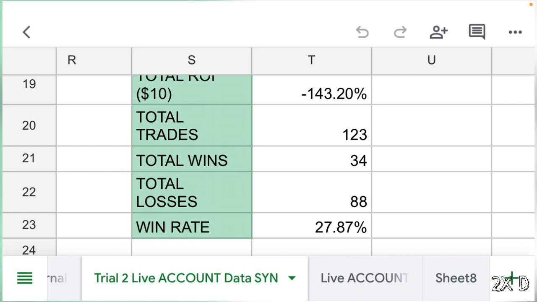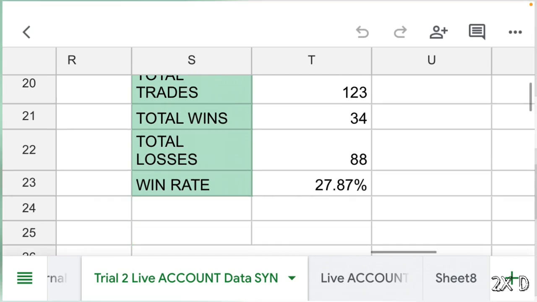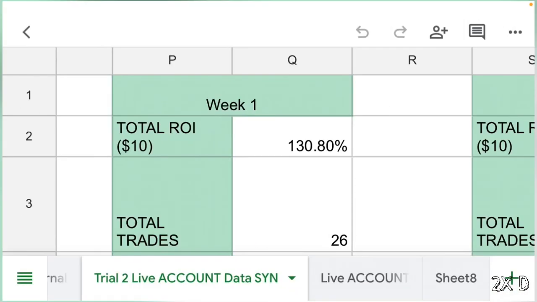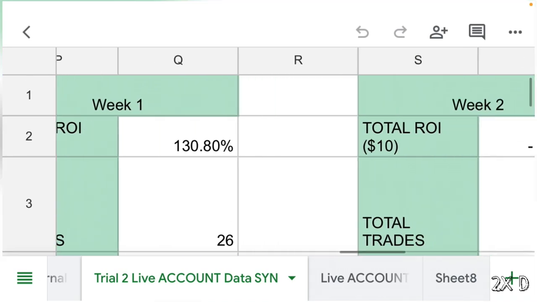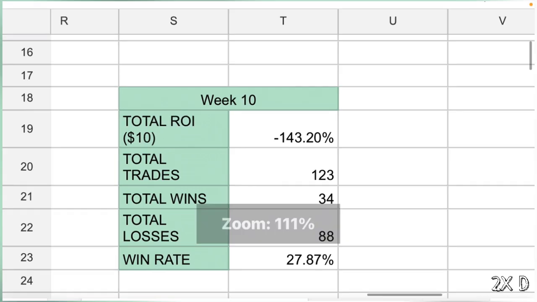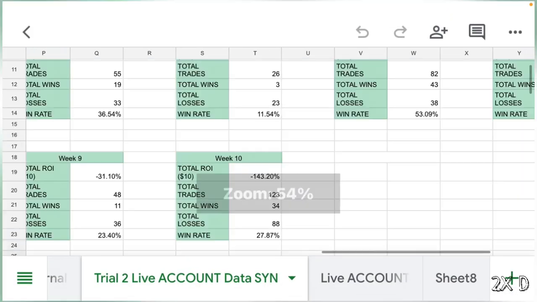Right, so 52 minus that puts me at 38. Right, my account is back down to $38.50. That's crazy. So yeah, as you can see from week 1 all the way to week 10, there's some level of consistency.